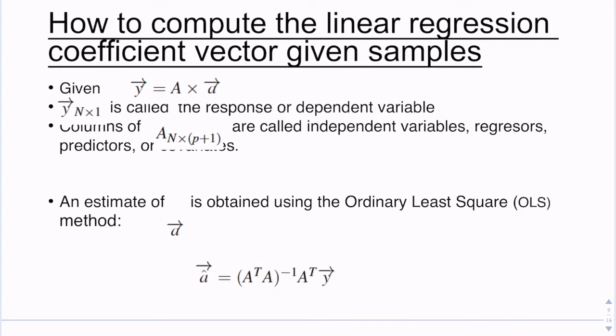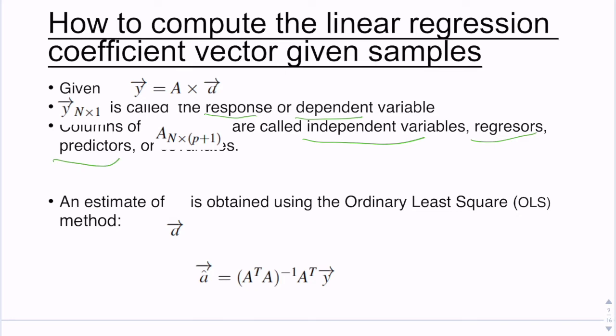So given this equation, I just dropped the index for the sake of simplicity. Also note that Y is usually called the response or dependent variable, and the columns of A are called independent variables, regressors, predictors, or covariates.